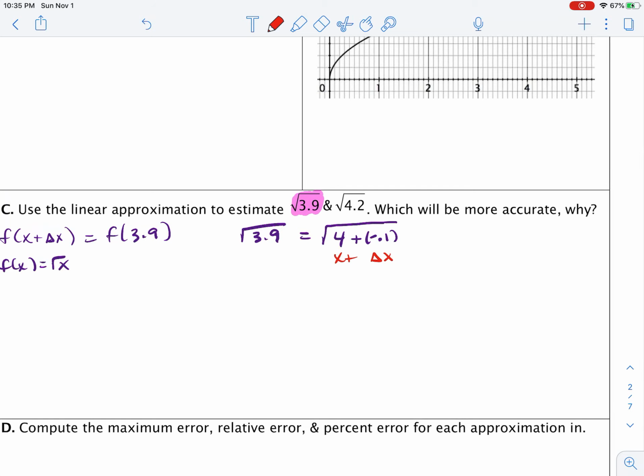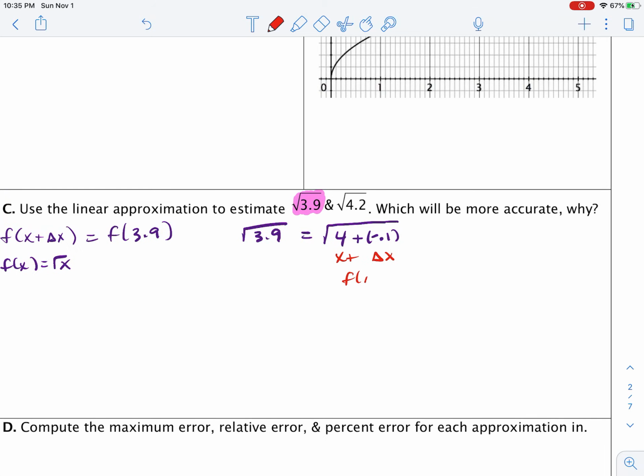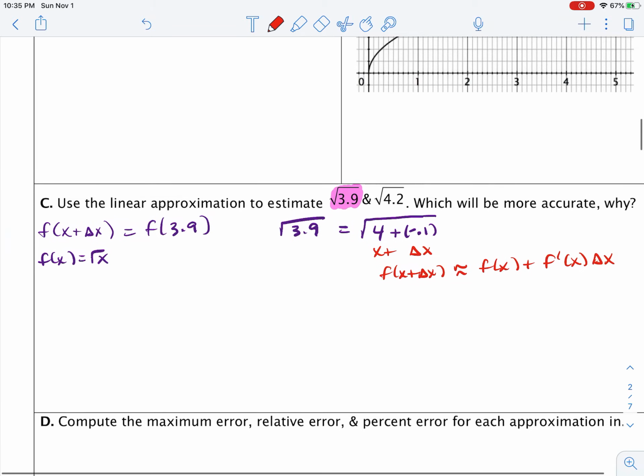All right. So I know that my f of x plus delta x is roughly going to equal f of x plus f prime of x delta x. I can see here I'm going to need the derivative of the square root of x. So what is the derivative of the square root of x?